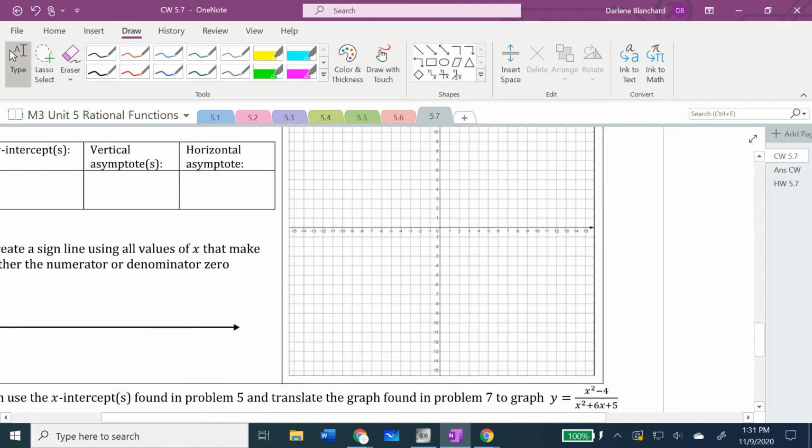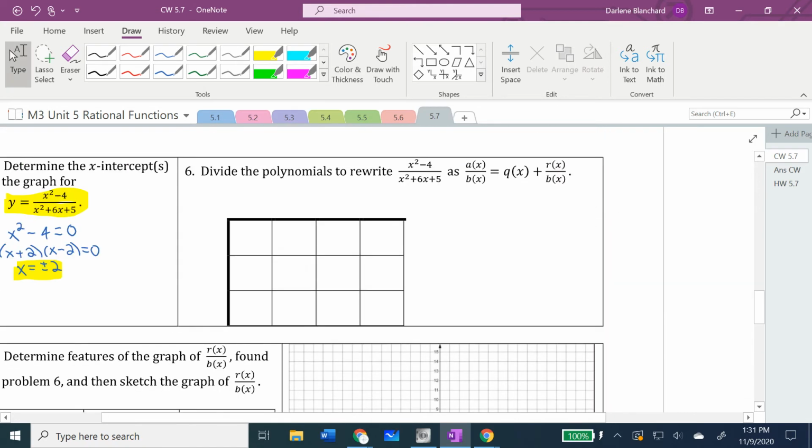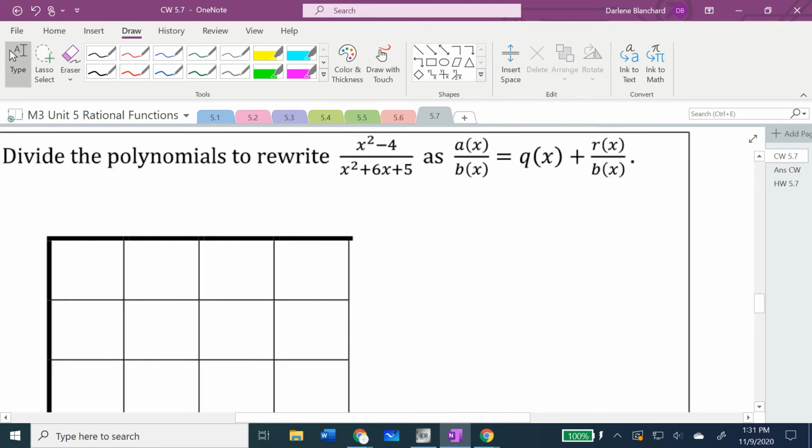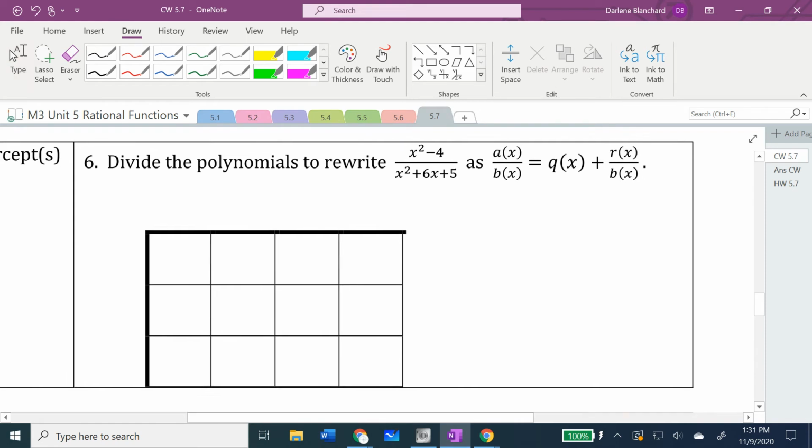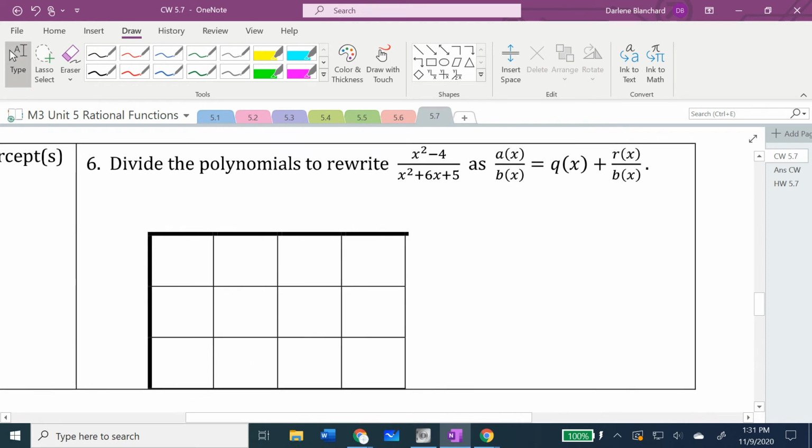Now, I'm going to take that function and use division to get a quotient, and then have the remainder be a lesser degree polynomial than the divisor, which is the b of x. So getting ready, I'm dividing by x squared plus 6x plus 5.